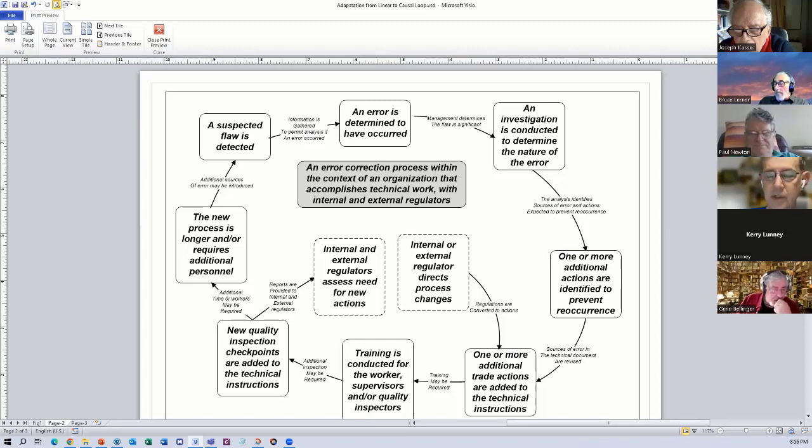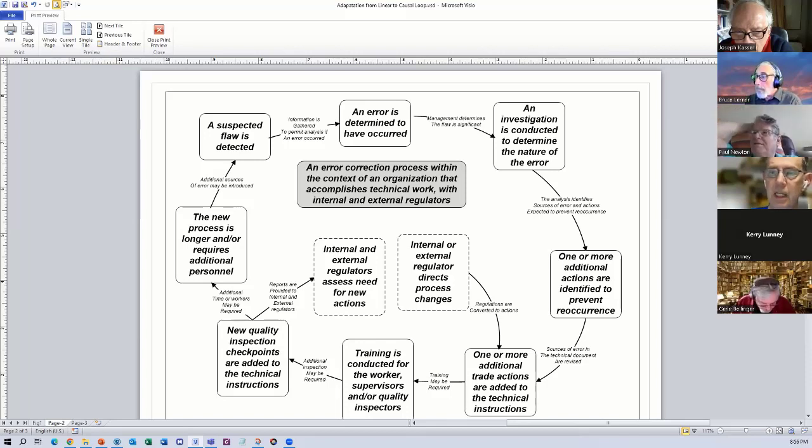And so the question became, okay, how do we approach this? By means of this picture, I basically convinced large chunks of the organization that we had to strip out the accretion of requirements and get it back to the simplest things we could do in terms of direction for the workers, directions for the supervisors, directions for the quality folks, and see if that would work in reducing the error rate.